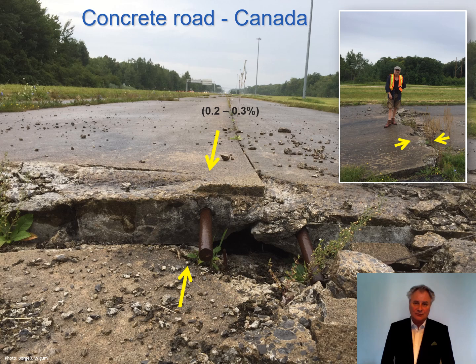Here is a concrete road in Canada. The concrete road was built with, every 20 meters or so, 20-30 meters, some expansion joints to enable some thermal expansion and so on. But as you can see, the concrete road has been estimated to have an expansion of 0.2 to 0.3%.